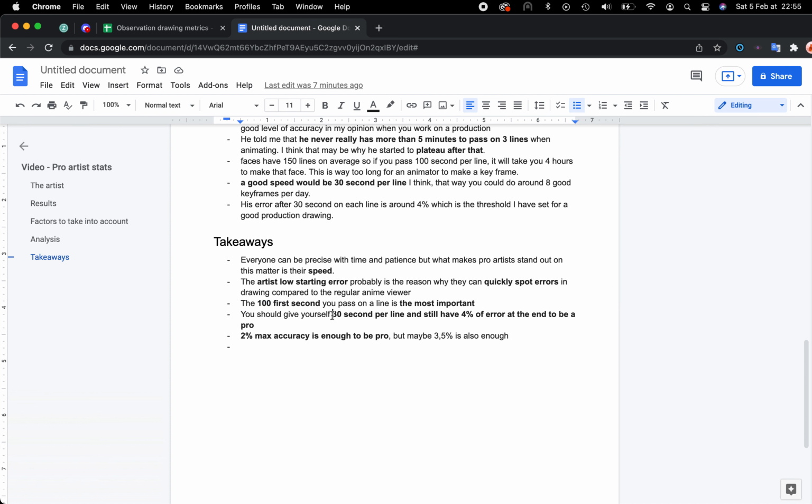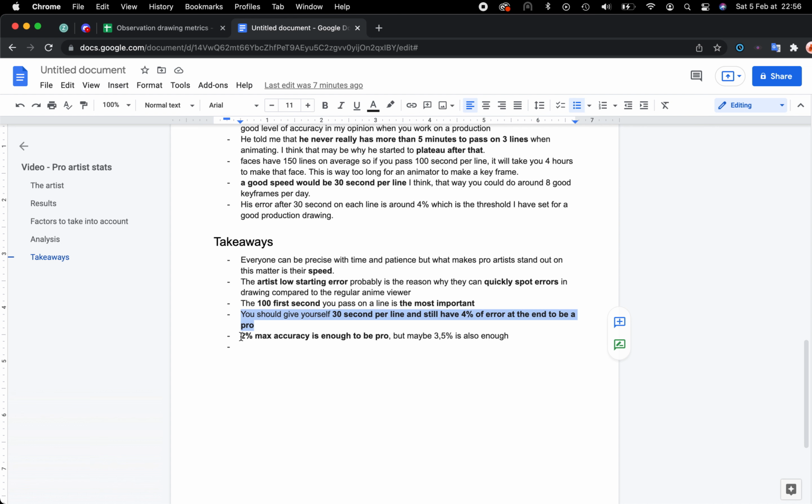As an objective, you should probably give yourself 30 seconds per line and still arrive at a 4% error at the end to be a pro. So if you give yourself 30 seconds per line and at the end your drawing is at 4% error, then, I think for observation, you can stop here for now and go on to another subject, because you are probably good enough.